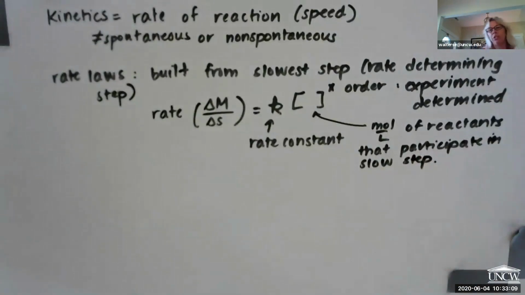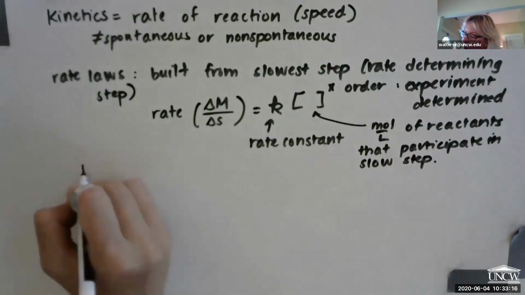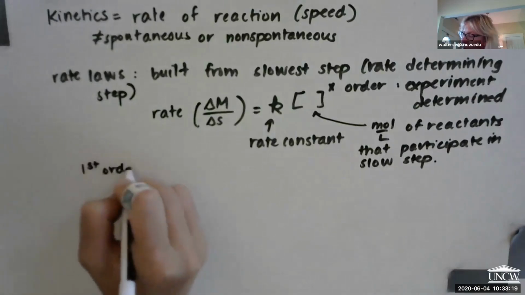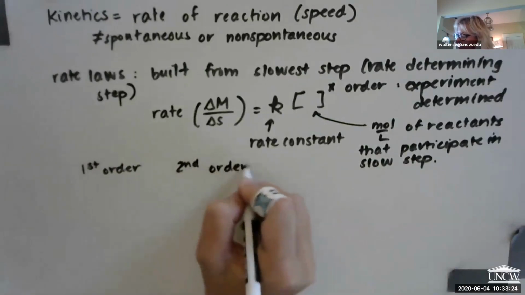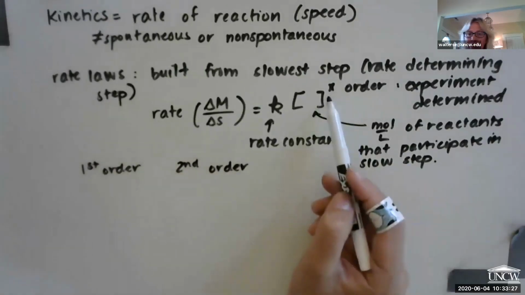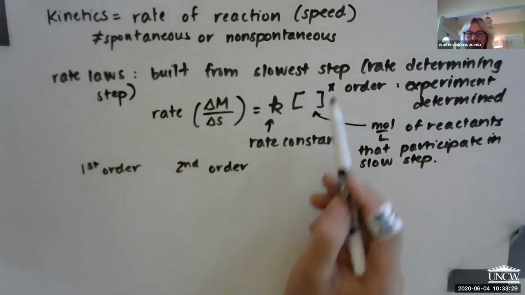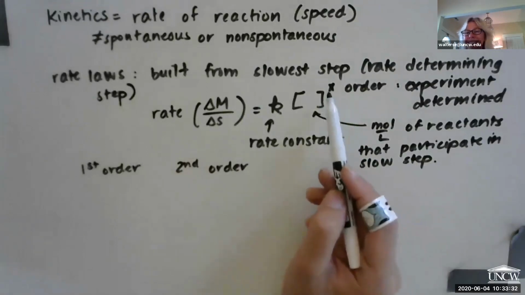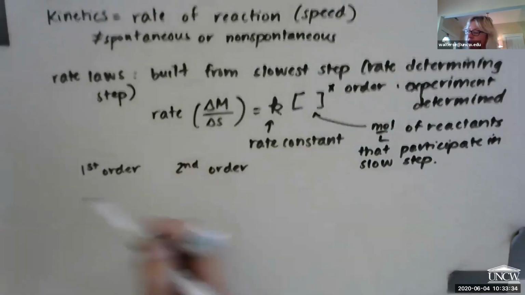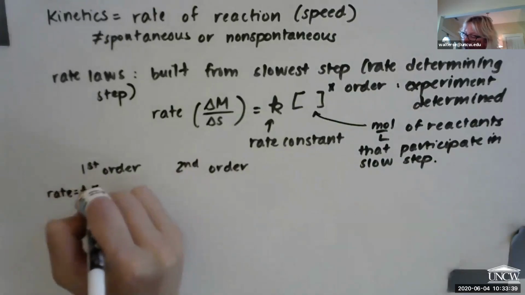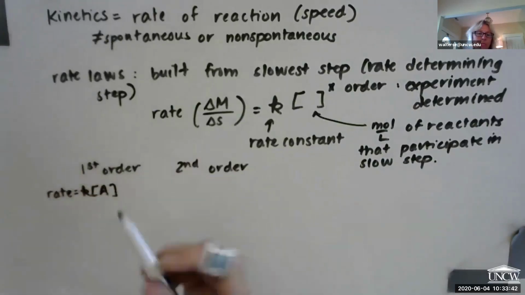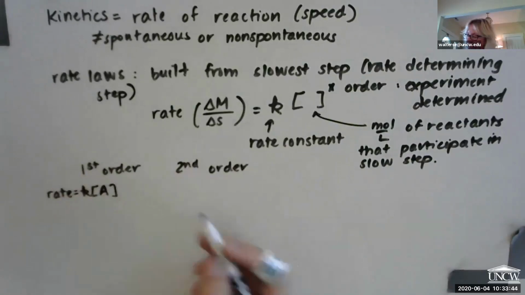So we're going to need to distinguish two different kinds of rate laws. We're going to need first order rate laws and second order rate laws, which means we have an exponent of 1, an exponent of 2, or 2 exponents that add up to 2. So first order rate laws will look like rate equals k[A], and if you don't write a superscript, it's a 1.